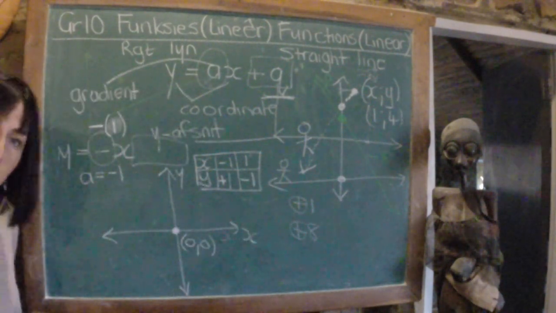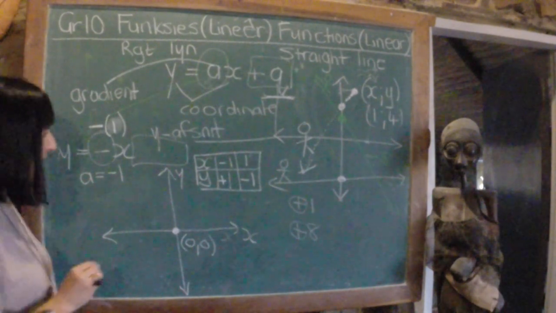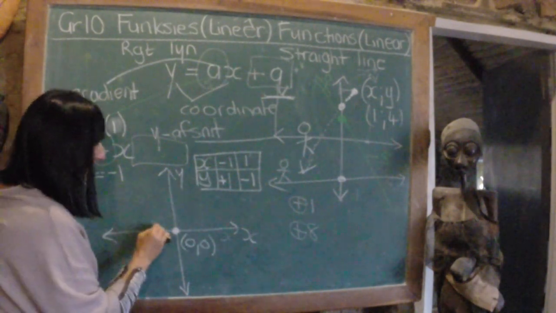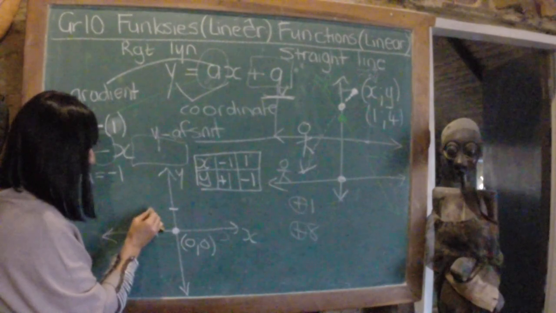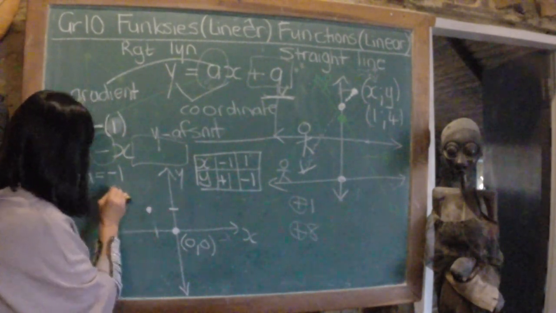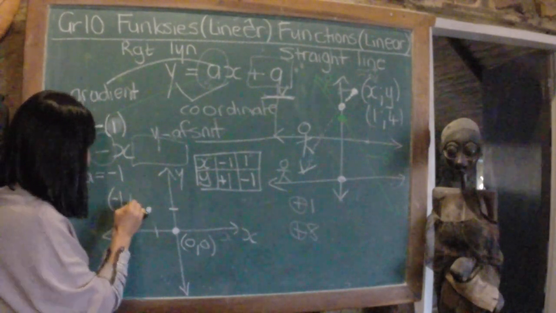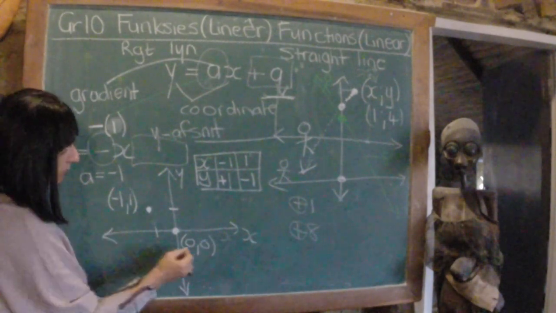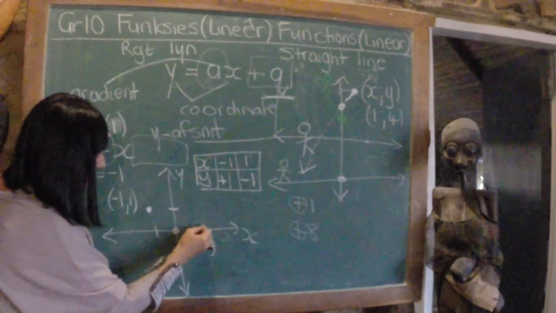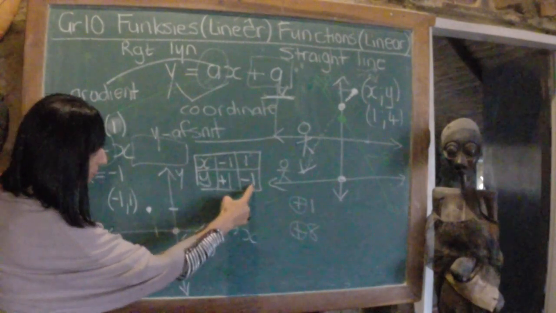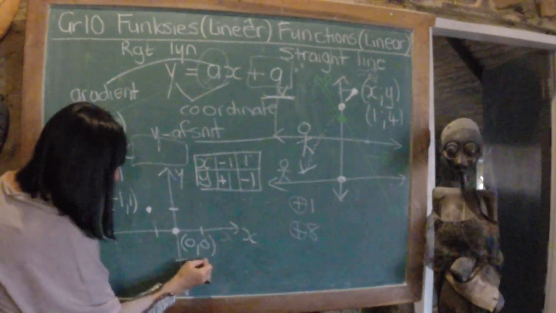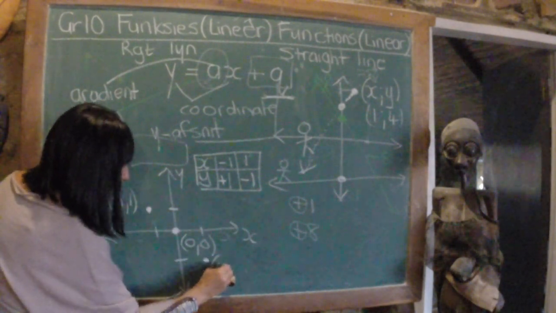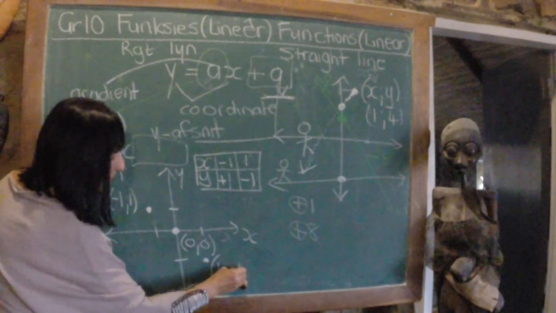Can you see what happens? Okay, kom ons gaan teken dit. Ek het 'n koördinaat minus 1 plus 1. That's my coordinate over there. Minus 1 plus 1. Then I've got another coordinate over there, plus 1 minus 1. My X-waarde hierso is 1 en my Y-waarde is minus 1.